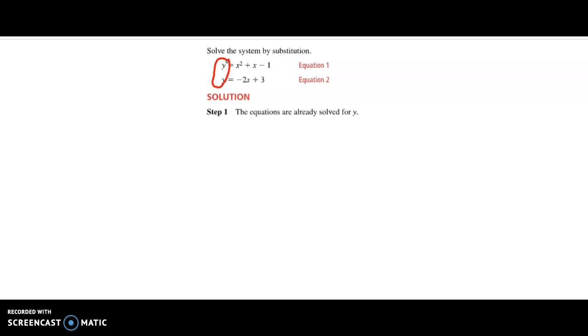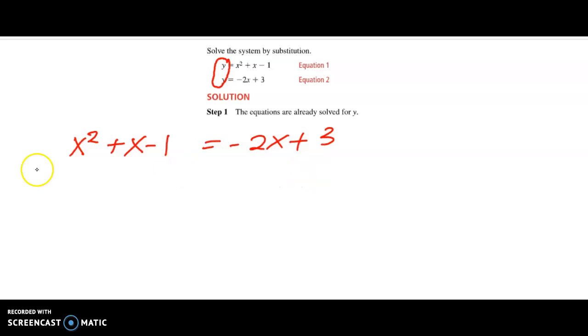What conclusion can you make about the right-hand sides if the left-hand sides are equal? Well, if the quantities on the left are equal, then we can also make the quantities on the right equal to each other. In other words, we can replace y by whatever it is equal to in the other equation. So go ahead and copy the right-hand sides and make them equal to each other.